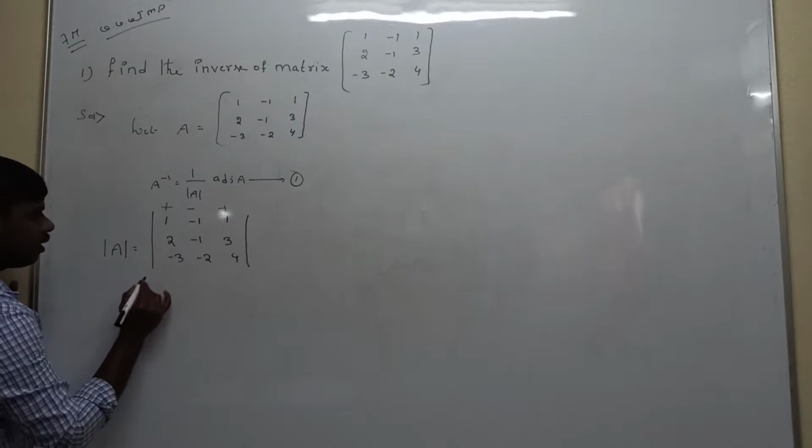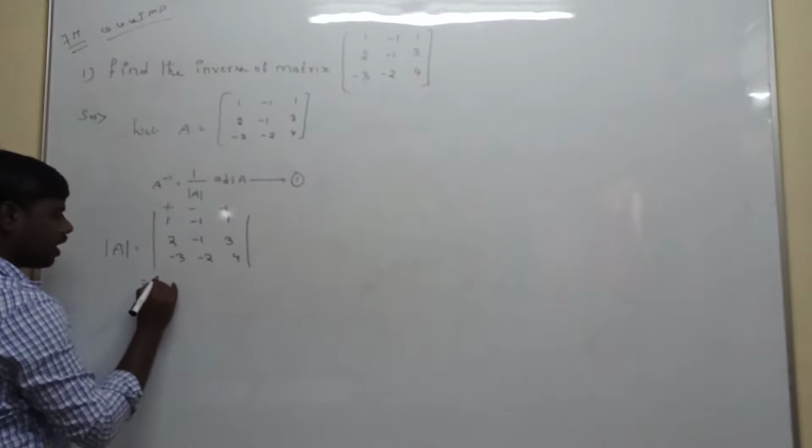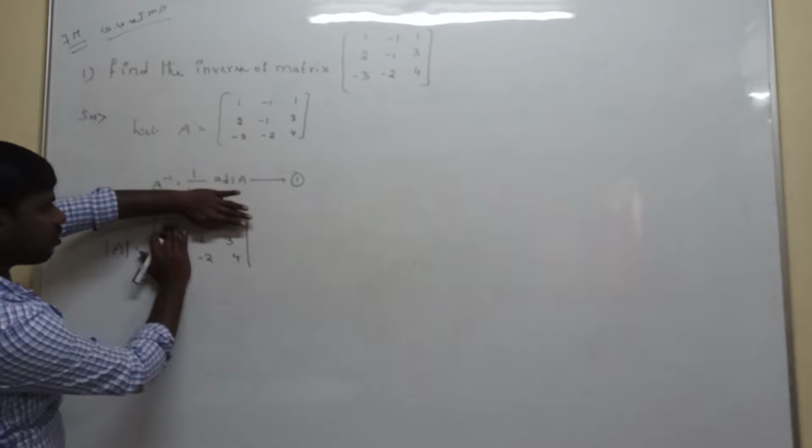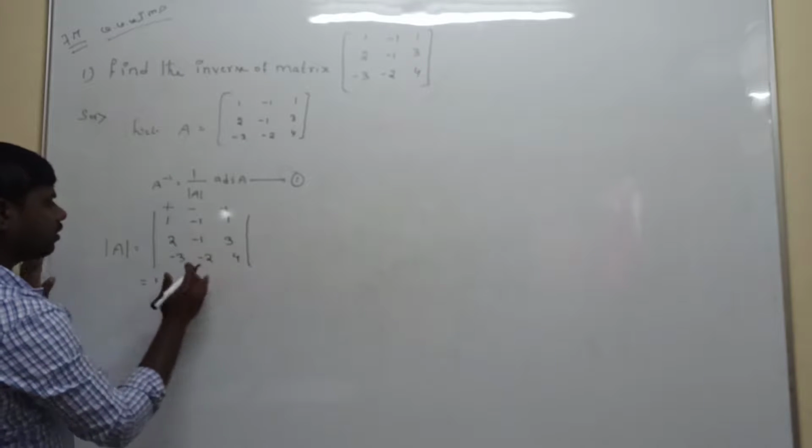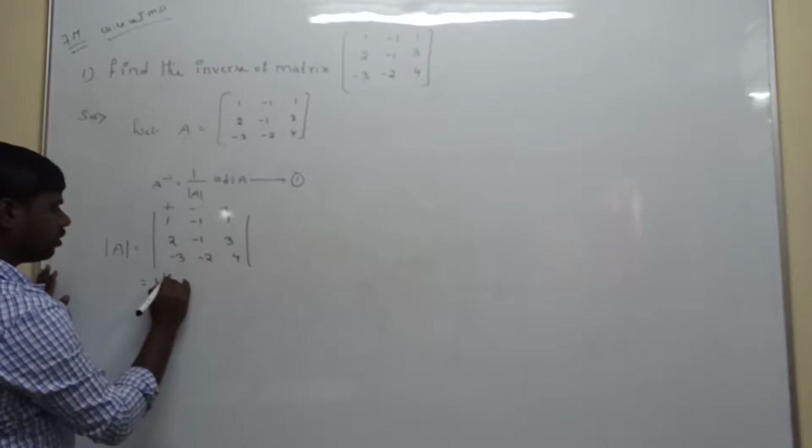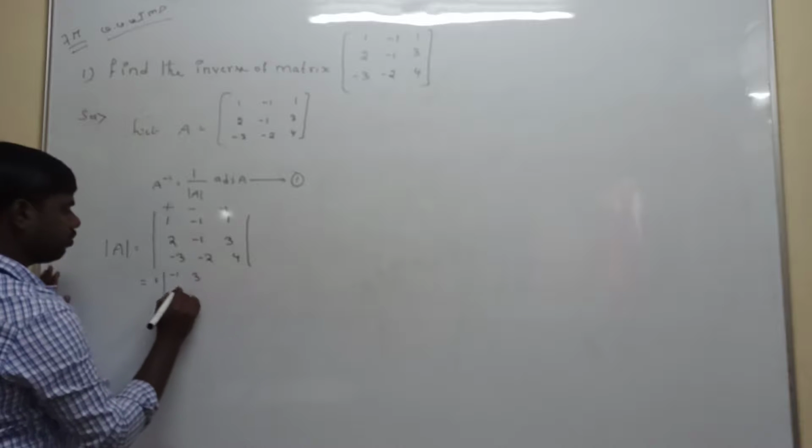So now we are calculating. First, we take 1 present in the first row, first column, eliminate its row and column, and take the determinant of the remaining elements: minus 1, 1; minus 2, 4.